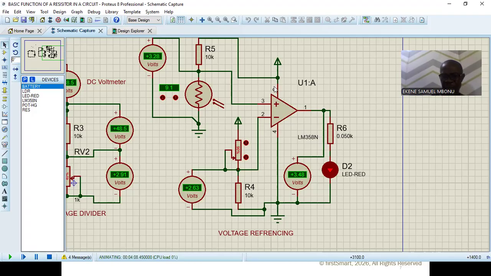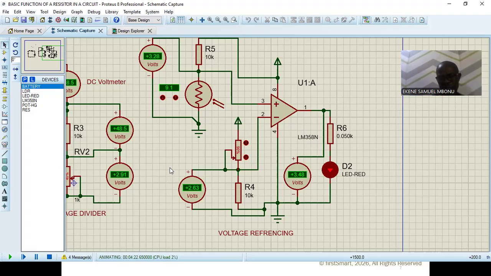Pin 8 for this LM358 is the power pin. Remember, we talk about active components. LM358 is an IC, it is an active component. So it needs power to actually operate in a circuit.